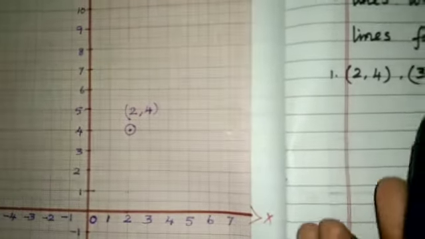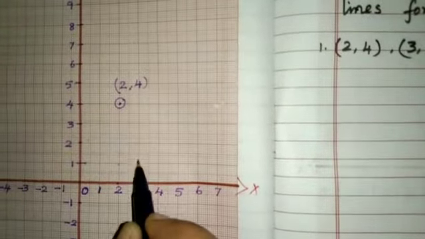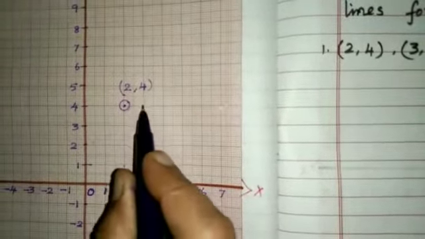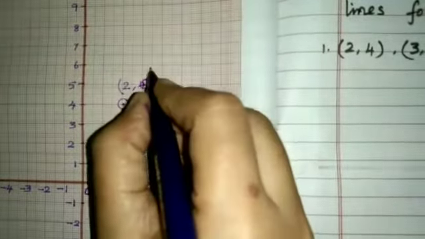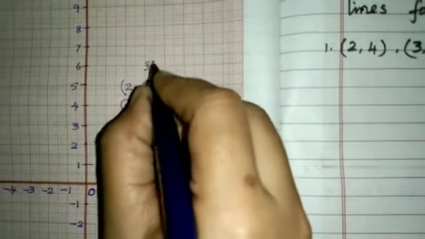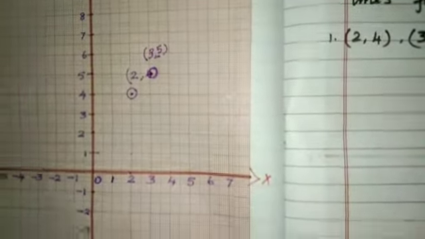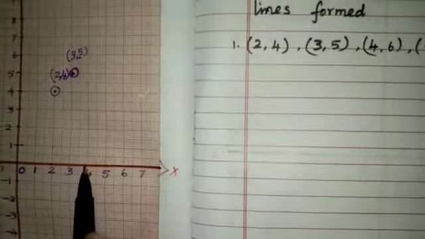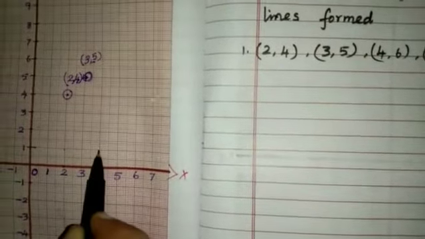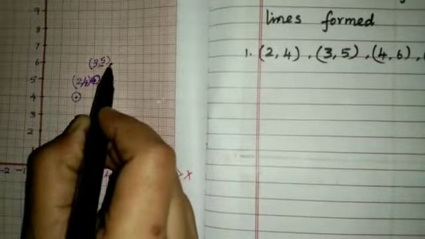Next one is (3, 5). So 3 on the x-axis, then 1, 2, 3, 4, 5. This point is (3, 5). Next one is (4, 6). On the x-axis 4, on the y-axis 6. So 1, 2, 3, 4, 5, 6.